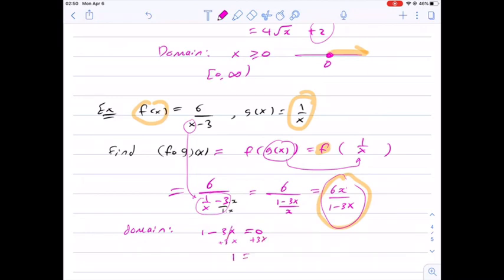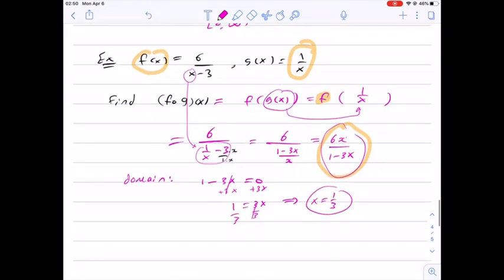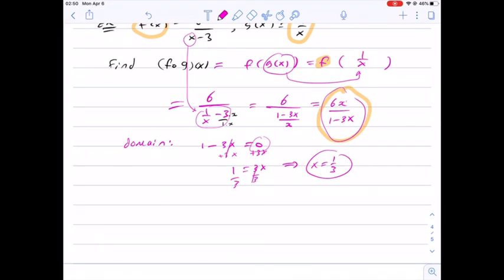So let's add 3x. 1 equals 3x, and then divide by the coefficient of x to get x equals 1/3. So when x equals 1/3, the denominator becomes 0, and that's a problem. So we need to exclude this. So the domain is everything except 1/3.